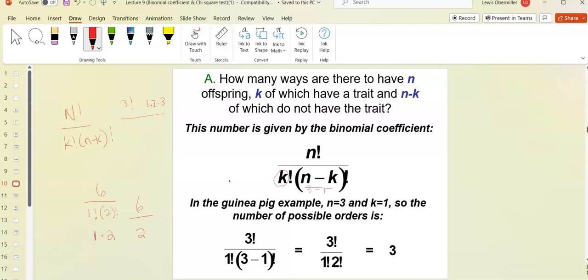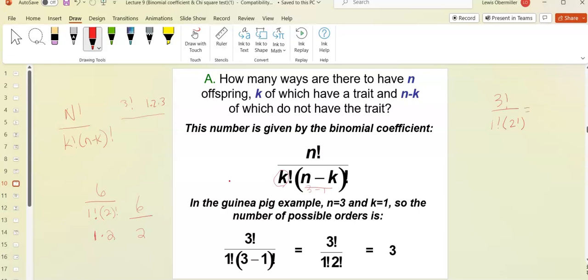So 6, from our 3 factorial. So here's the formula. 3 factorial, which is n, divided by 1 factorial times n minus k factorial, which we calculated as 2 factorial.